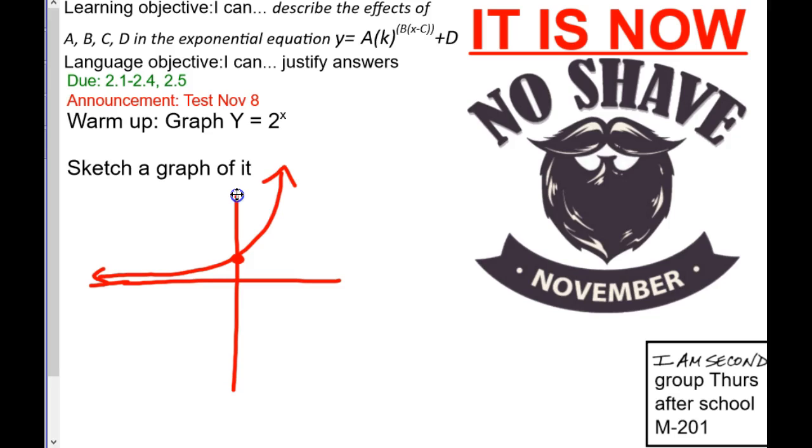All right, so let us get started passing out these notes. Myself or Mrs. Marrero will pass out 2.6 notes.